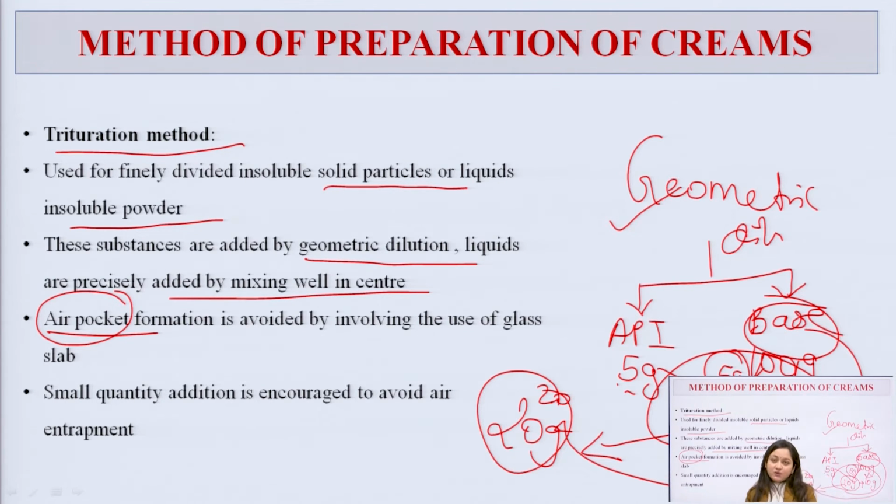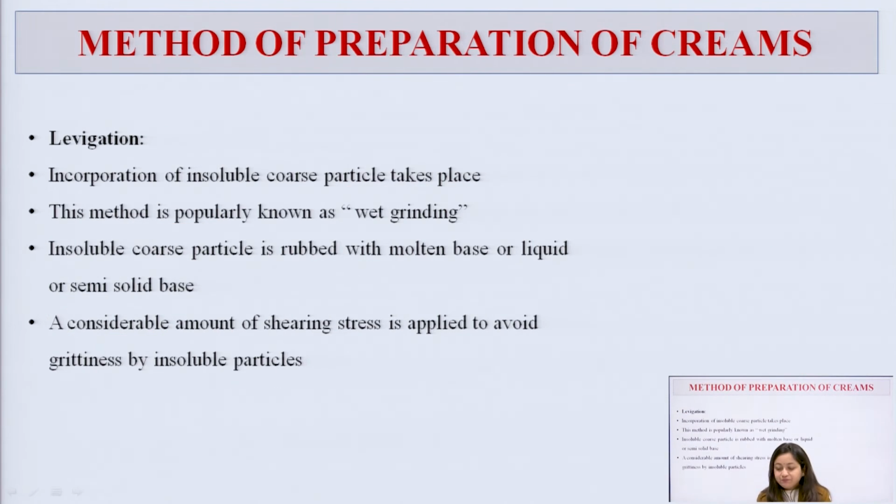While mixing, slow and gradual mixing must be done. Small quantity addition is encouraged to avoid air entrapment. As I have discussed, the medicaments must be mixed in a smaller amount to avoid the presence of air pocket, because air pocket may actually contaminate our product. So, this is all about the Trituration method.